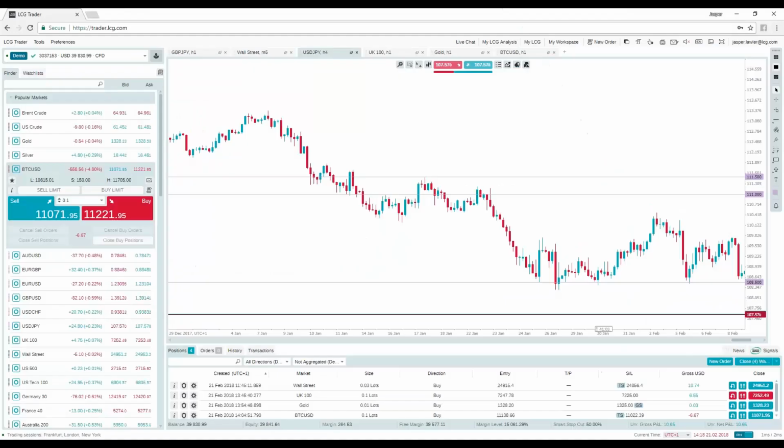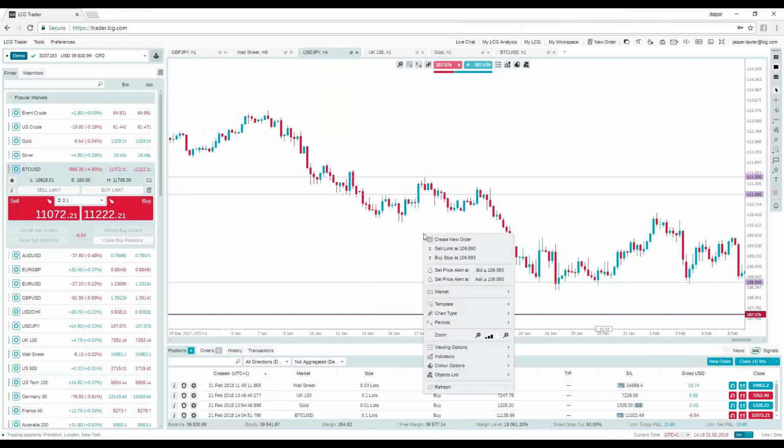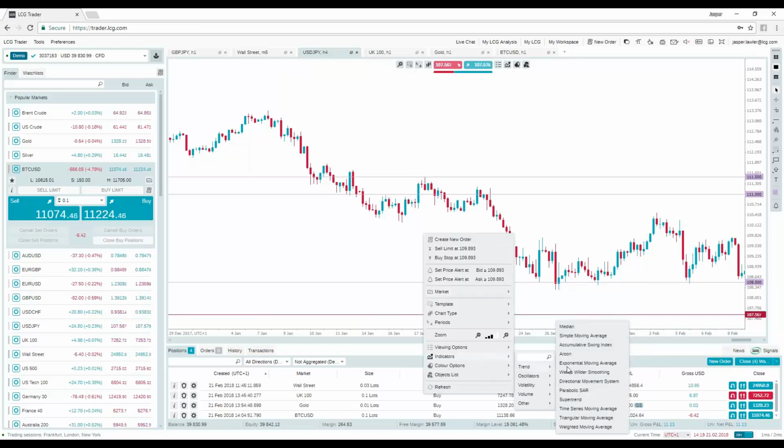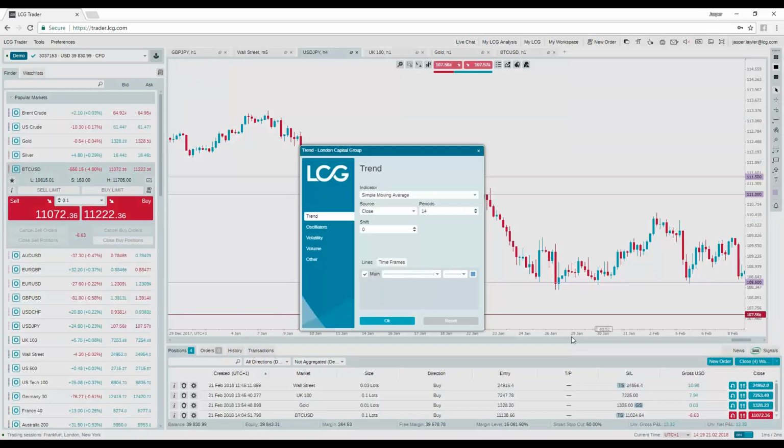last but not least, you can obviously institute some sort of moving average into this. So if I say indicators, trend, simple moving average, maybe let's see what's working here, 20 perhaps.